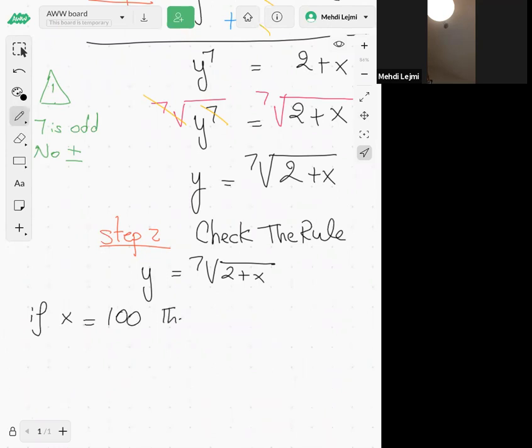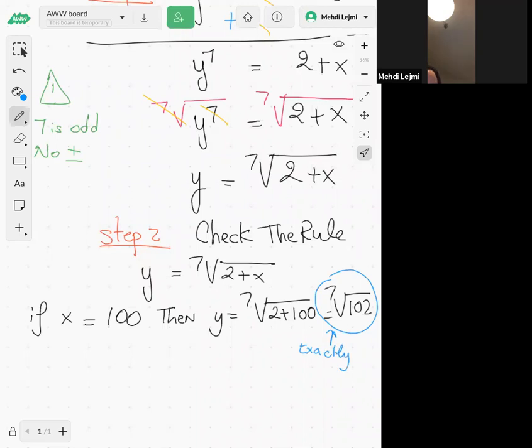Then y is 7th root of 2 plus 100, so that's 7th root of 102. The point is we have exactly one output. And so the conclusion is that this is a function.